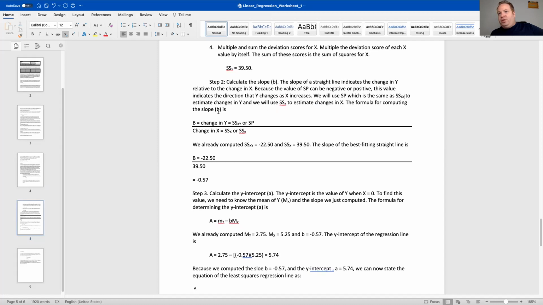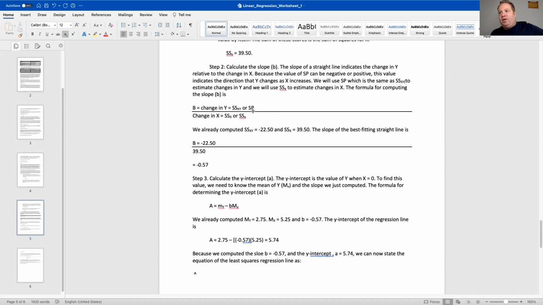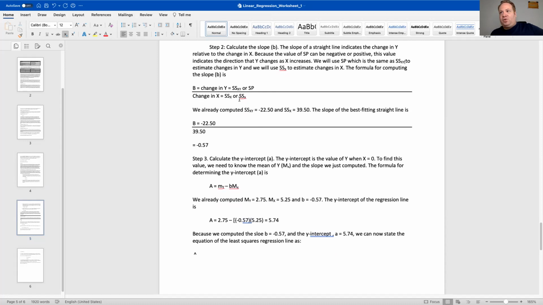Therefore, the formula for computing the slope b is equal to the change in y, SSxy or SP, the sum of the products, divided by the change in x, which is SS, the sum of the squares x, or SSx, however you want to look at that.